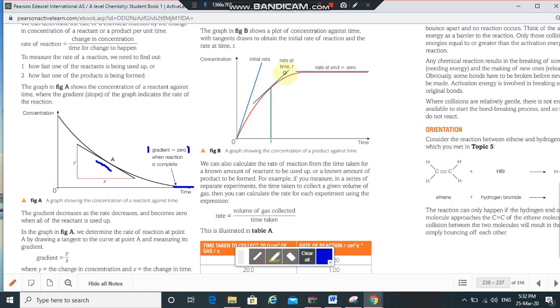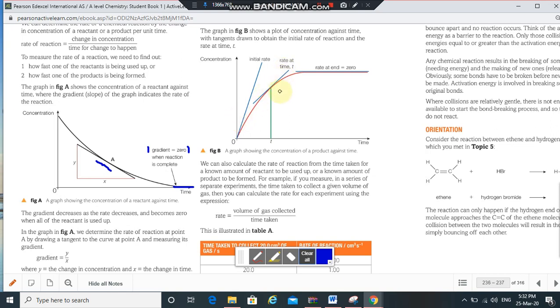To find the initial rate for the chemical reaction, we can also draw a tangent touching my curve at point 0. Okay, so I'm going to draw that blue line from 0. Then I will find the slope for that tangent. This will give me the value for the initial rate.